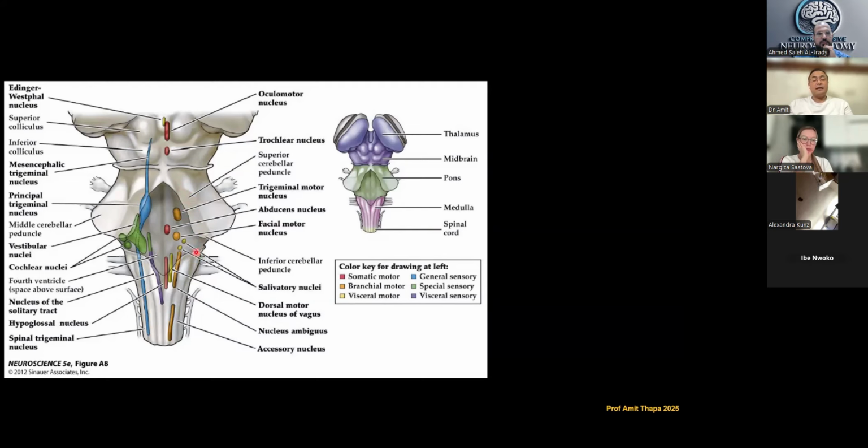The medulla again has two parts. The upper part of the medulla forms the lower half of the fourth ventricular floor, and the lower part of the medulla finishes at the decussation of the pyramidal tracts.